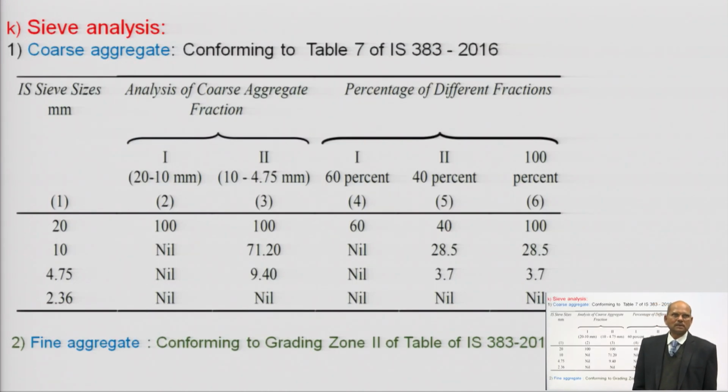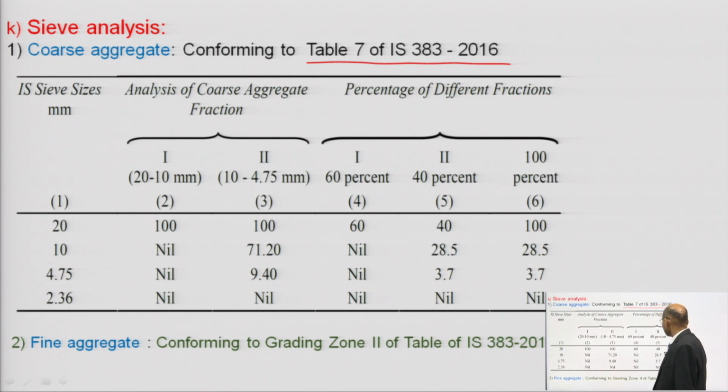Similarly, the sieve analysis data is there. If you see the sieve analysis data for coarse aggregates, we have two parts: one is 20 to 10 mm size and another is 10 to 4.75 mm size, as per table number 7 of IS 383-2016, that is the latest code.